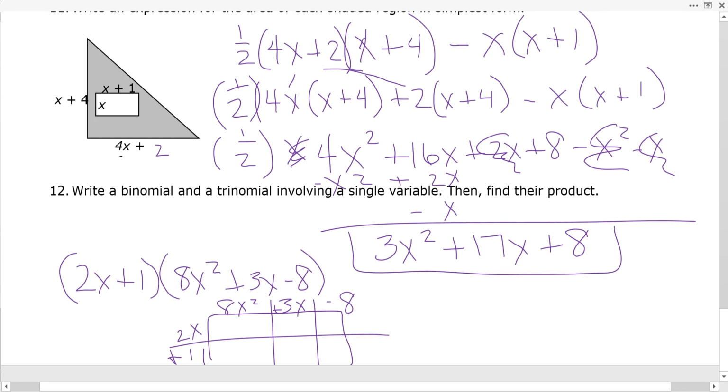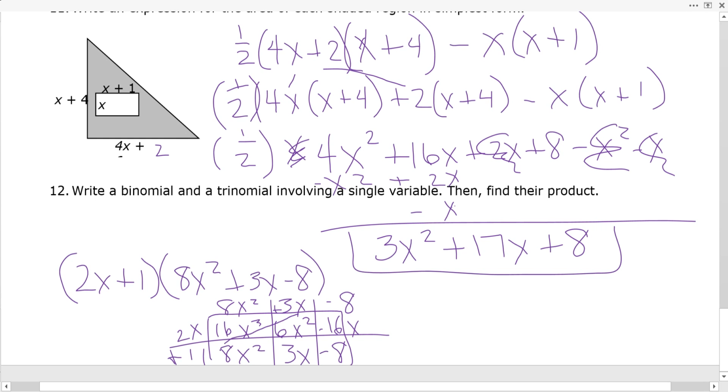So 2x times 8x squared is 16x cubed. 2x times 3x is 6x squared. 2x times negative 8 is minus 16x plus 1. So I have 1 times 8x squared is 8x squared. 1 times 3x is 3x. 1 times 8 is negative 8.